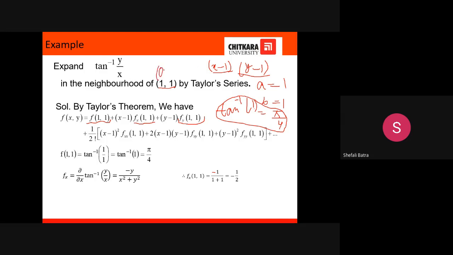If it is written like in the neighborhood of 0 comma 0, then what will it become? x minus 0, y minus 0. So that means only x and y are left, right? Yes ma'am. So when do we expand in powers of x and y? What do we call that particular series? The Maclaurin series. So whenever it is written to expand this function in the neighborhood of 0, 0, or obtain the Maclaurin series for this, both mean the same. And if it is written in the neighborhood of 1, 1, it means you need to expand the function in powers of x minus 1 and y minus 1. Is it clear now? Yes, ma'am.